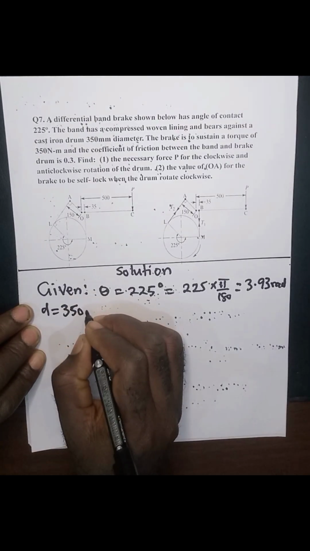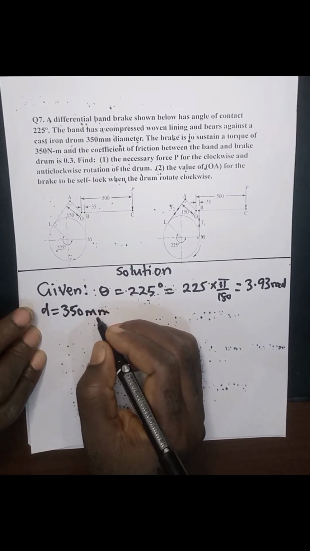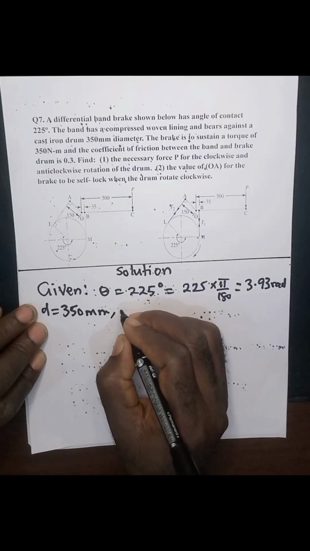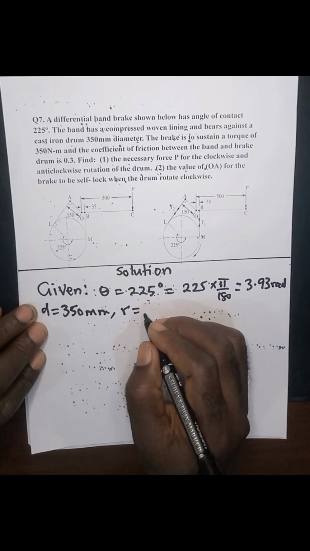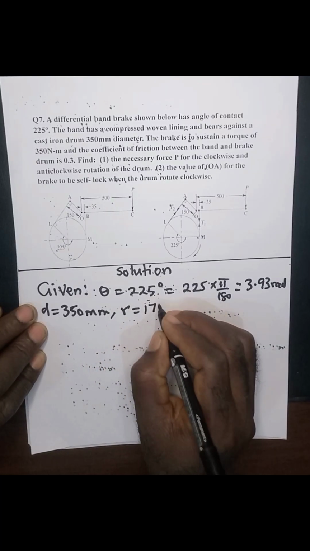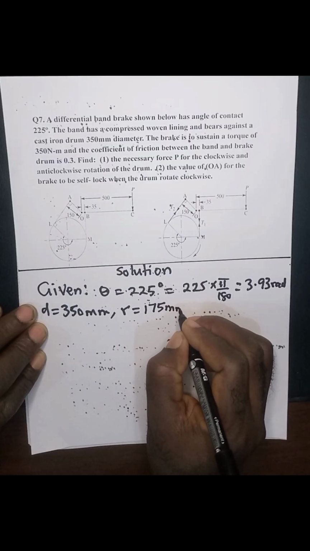Then we are also given the diameter of the drum D, which is equal to 350 mm. Then from there, we get the radius as half of the diameter, which is equal to 175 mm.